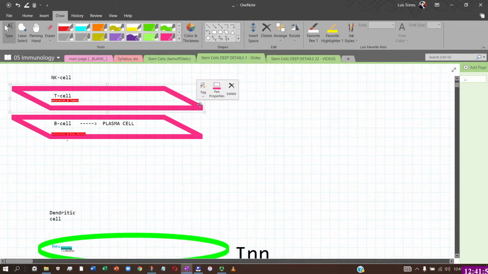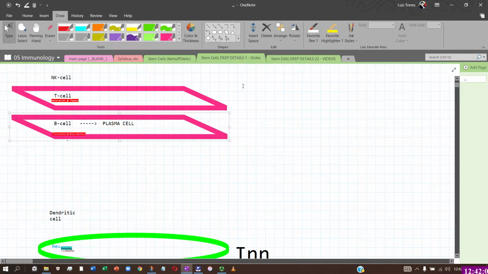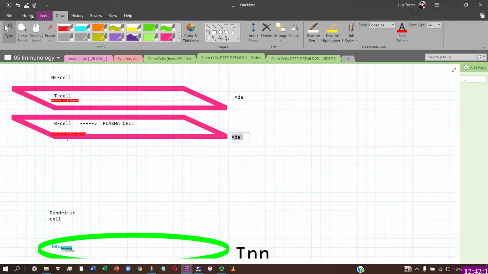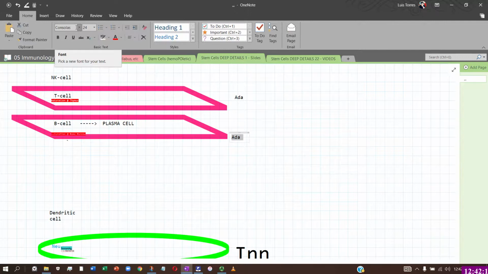All right. Okay, good. I'm glad I had a chance to go back and do this summary because this is pretty major, very basic, but very essential, I think. So this will be Ada and Ada. Let's change the font there.